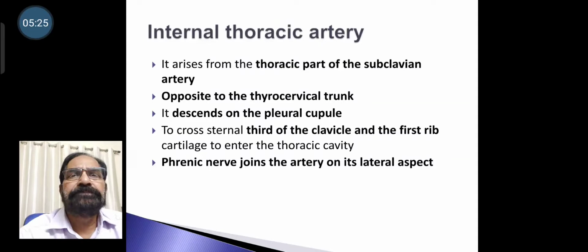Internal thoracic artery. It arises from the first part of the subclavian artery, opposite the thyrocervical trunk. It descends on the pleural cupula, crossing the sternal third of the clavicle and the first rib cartilage to enter the thoracic cavity. The phrenic nerve now joins the artery on its lateral aspect.